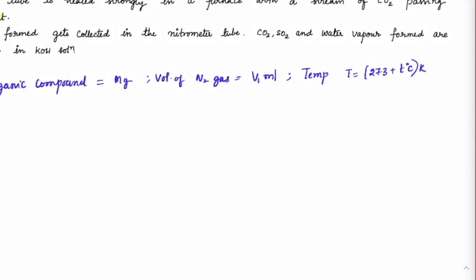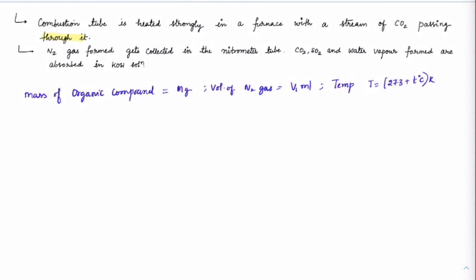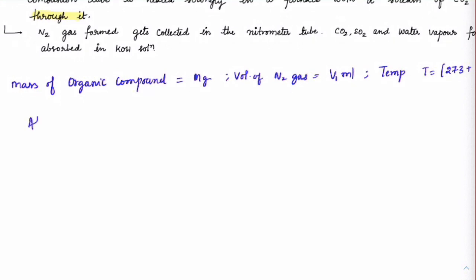This will be in kelvins. If you write it in kelvins, that will be 273 plus whatever information you get in degree centigrade. And atmospheric pressure, let that be P mm of Hg.